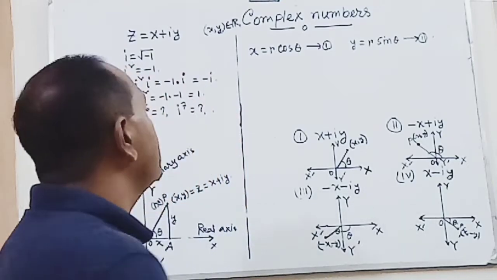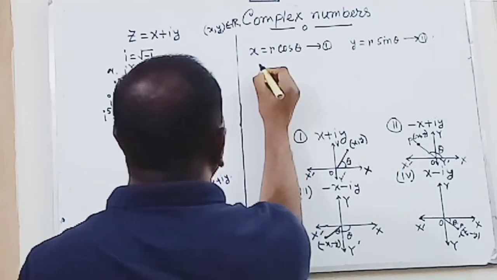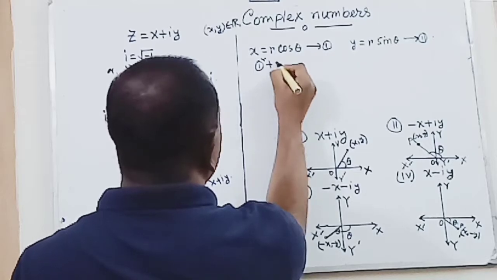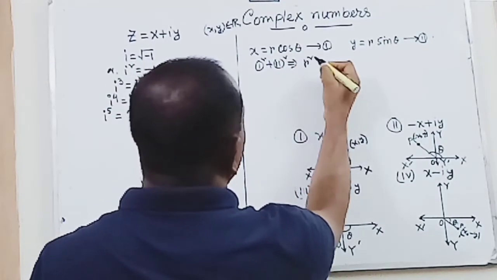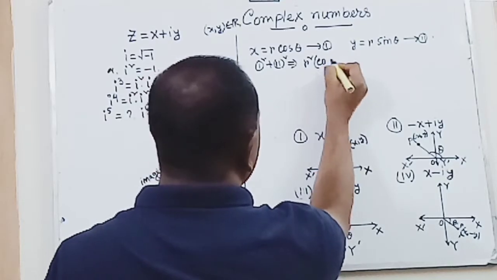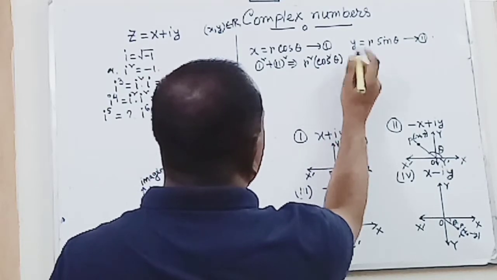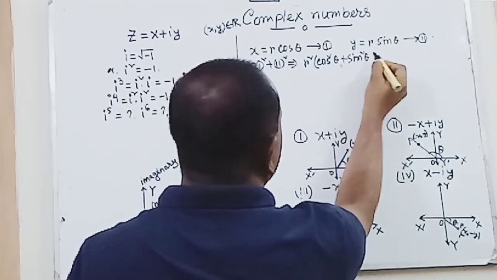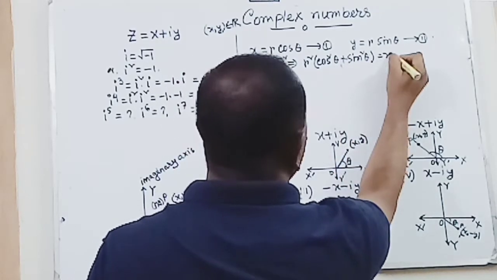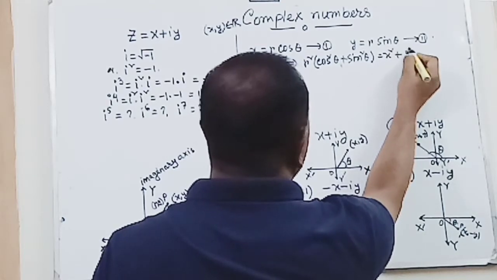Now by squaring 1 and 2 and adding, you will get r square cos square theta plus sin square theta is equal to x square plus y square.